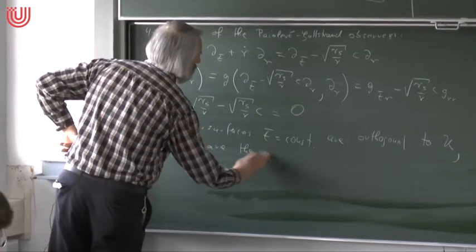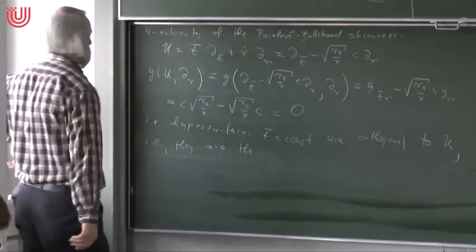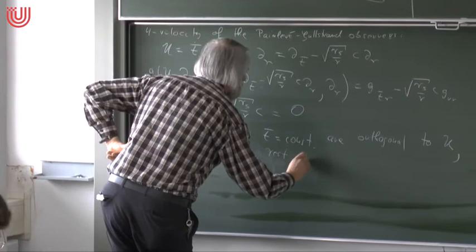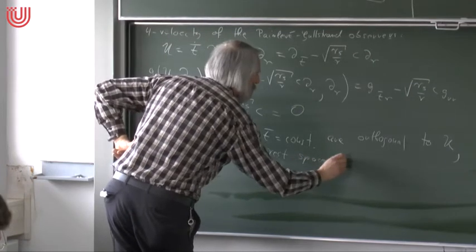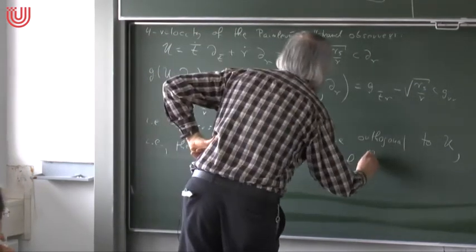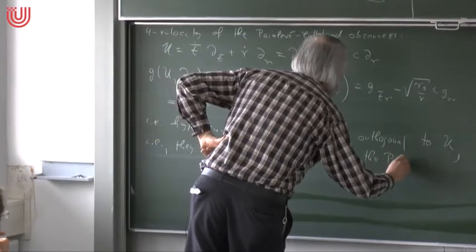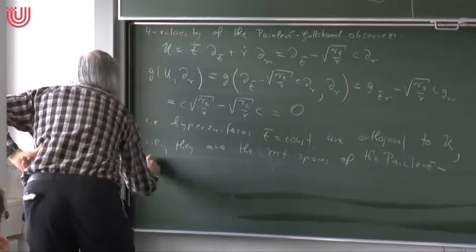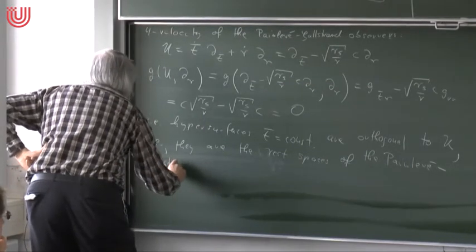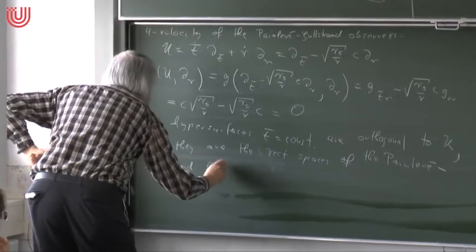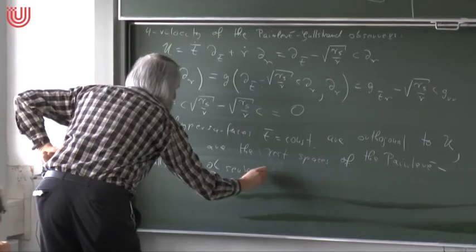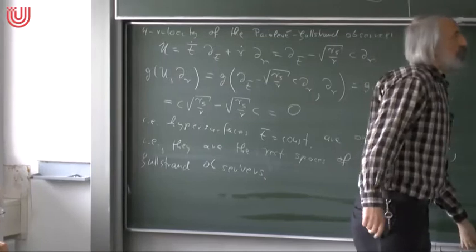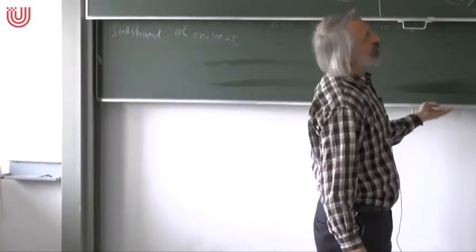Not only the local ones actually, it's the integrated version. They are the rest spaces of the Perlick observers. And this completes the picture of what's going on in Perlick coordinates.